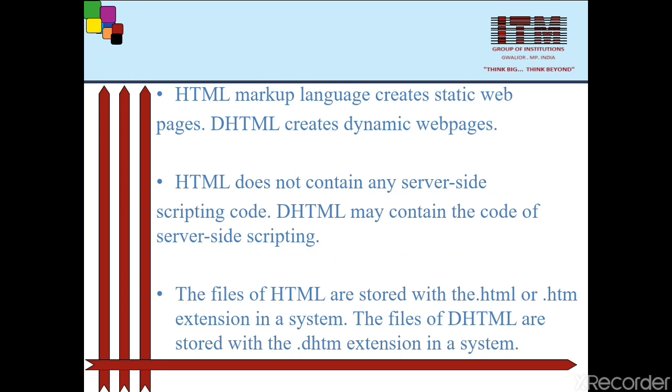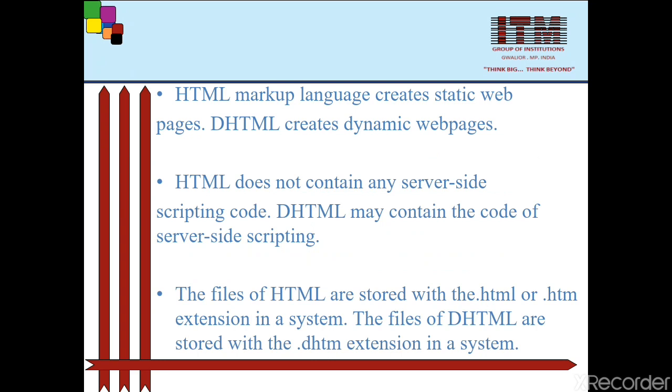And next difference is, HTML does not contain any server-side scripting code, but DHTML may contain server-side scripting code, because in DHTML we use different types of languages, or we can say JavaScript.